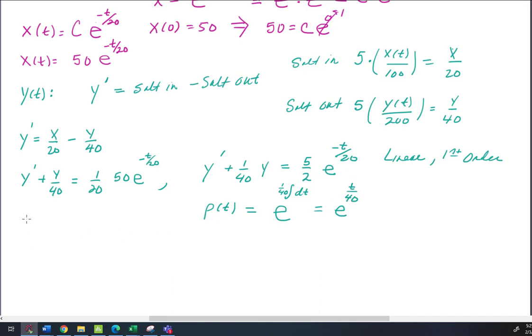Now what do we do with an integrating factor? Well, we take the differential equation, and we're going to use the differential equation in this form right here, and we're going to multiply that by the integrating factor.